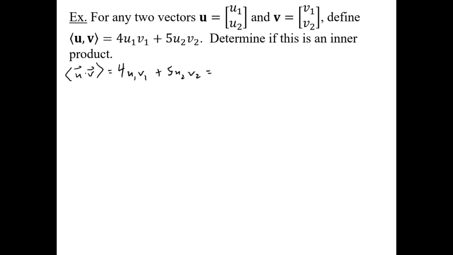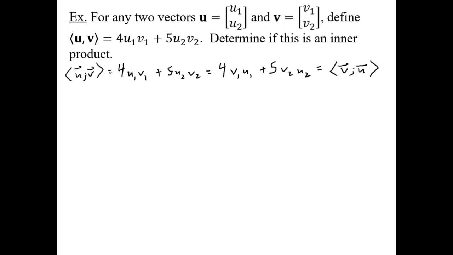And then using the commutative property of multiplication, this is the same as 4 times v1u1 plus 5 times v2u2, and that's the same as the inner product of v and u. So in this way, we're being more rigorous and pointing out that the inner product of u and v is the same as that of v and u. And I'm sorry, I didn't mean to put dots. I meant to put commas with inner products. And no, that is not a semicolon. I just didn't bother to erase the dots.